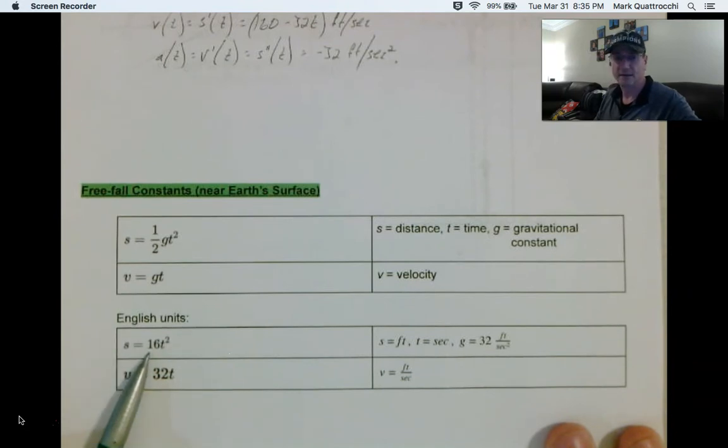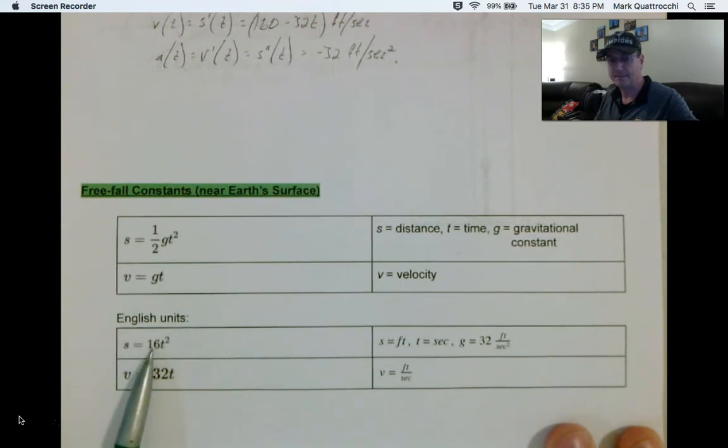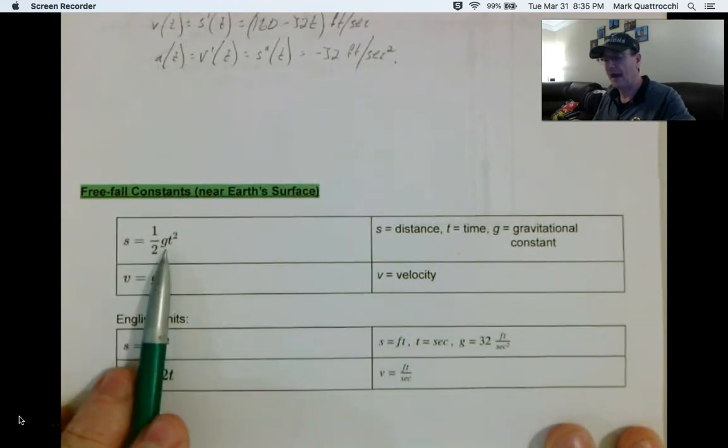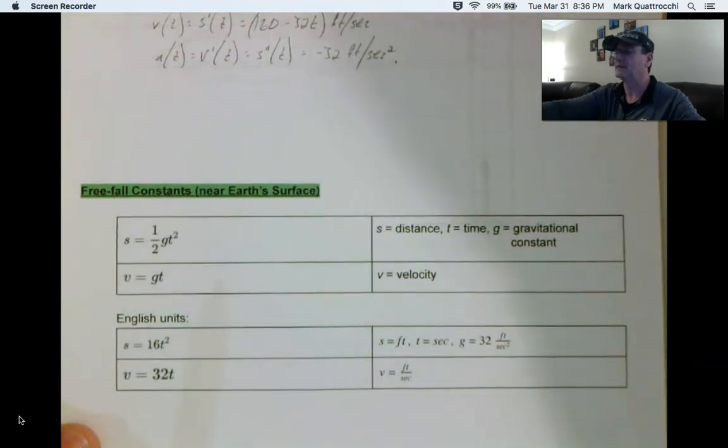If we are measuring things in the English units, feet, seconds, then g is 32, half of g. So 32 feet per second squared is gravity. Half of gravity is going to be 16 t squared. Velocity is going to be the derivative of this, which is 32 times t.